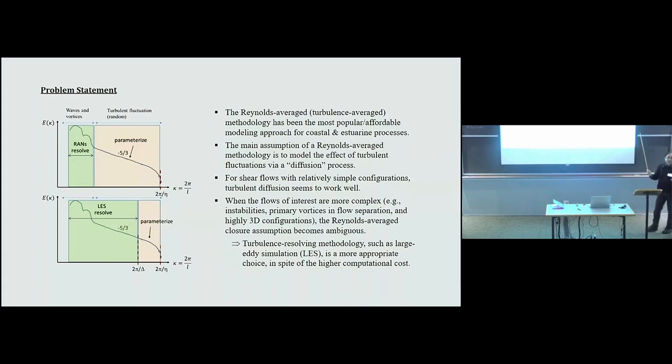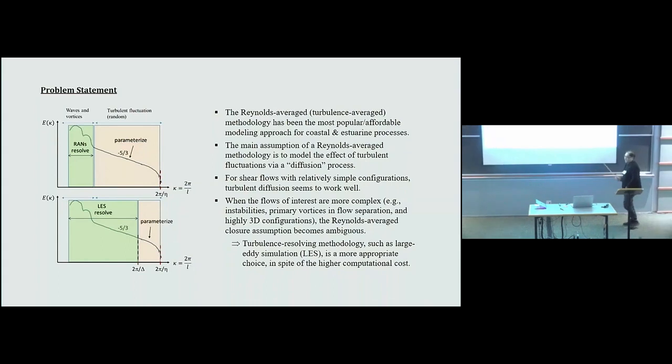And I'm preaching to the choir here. I'm pretty sure you will agree with me that in this kind of situation, you will use, for example, large eddy simulation to resolve these nonlinear processes. Of course, the drawback is that you then have a higher computational cost.